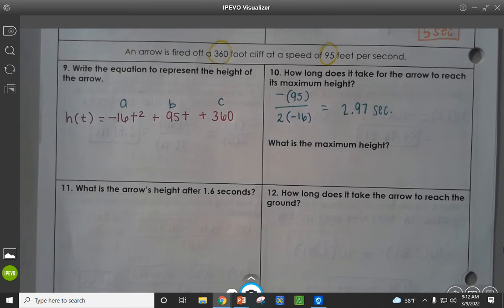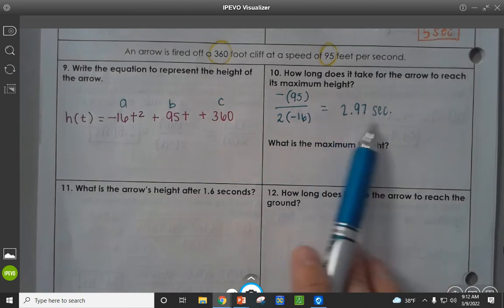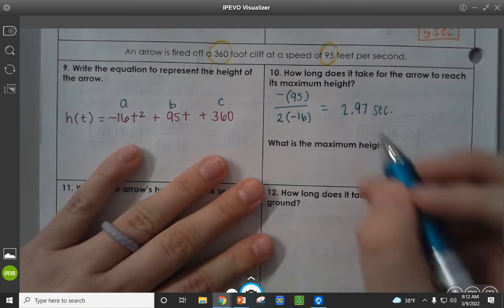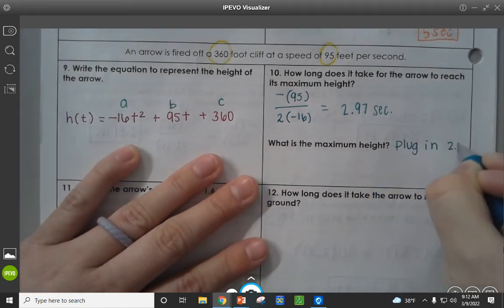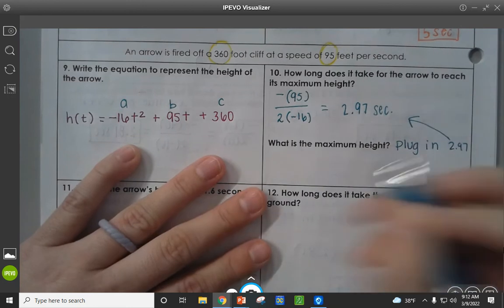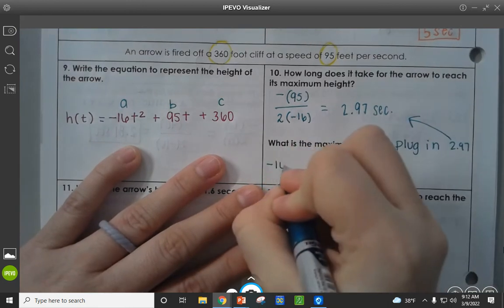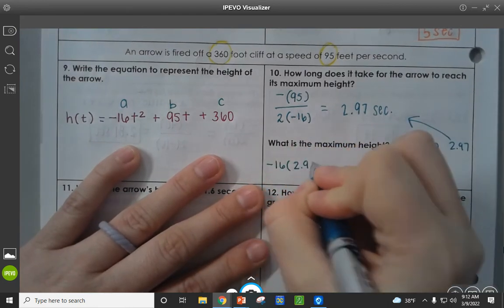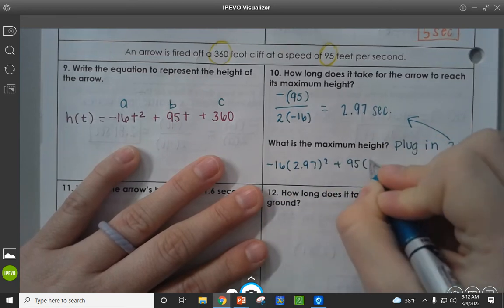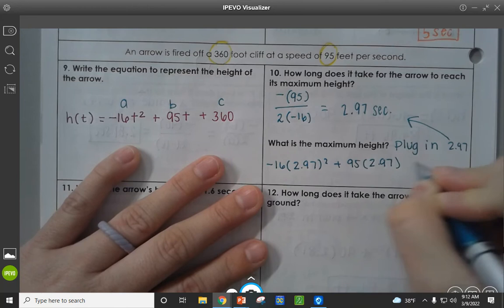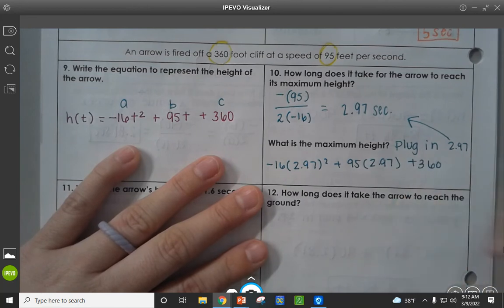What did I do? We plugged in the time. So we're going to plug in 2.97. So negative 16 times 2.97 squared plus 95 times 2.97 plus 360.